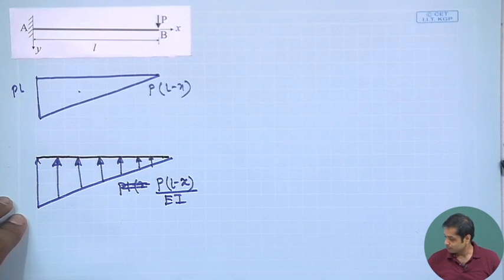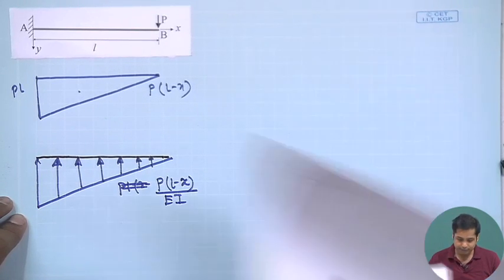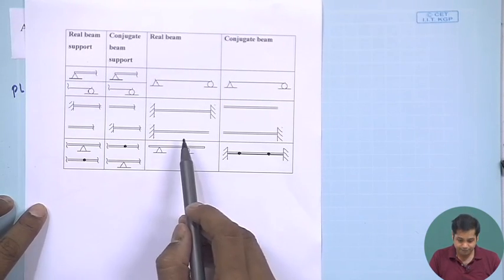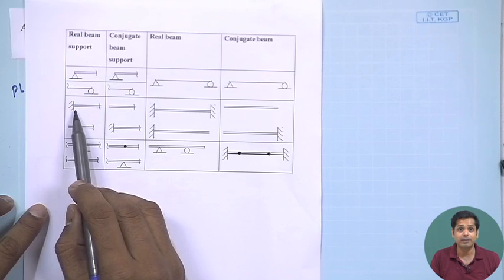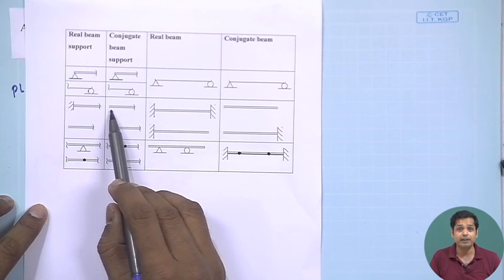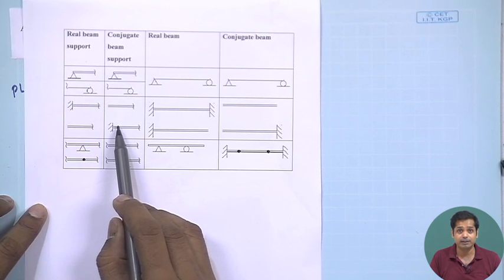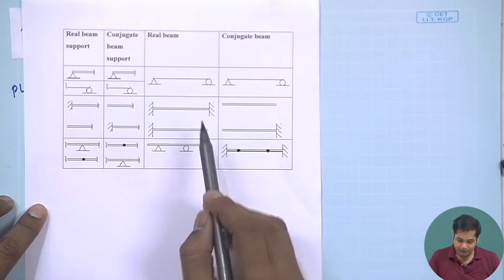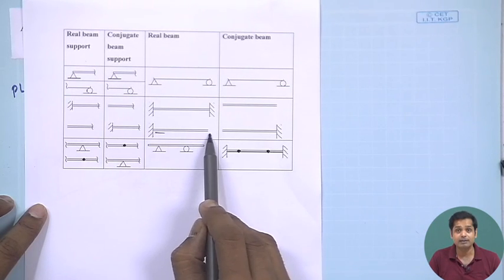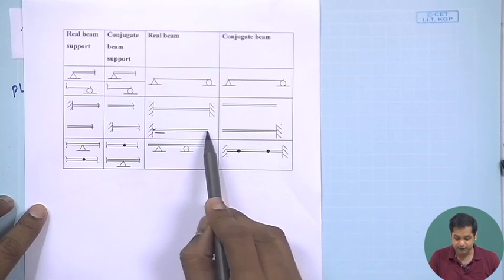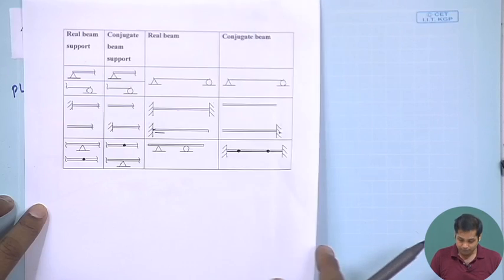Now, if you recall this table, the fixed end in the real beam becomes free in the conjugate beam, and the free end in the real beam becomes fixed in the conjugate beam. So, if the beam is like this, then the conjugate beam becomes like this: this becomes free, and this free end becomes fixed.